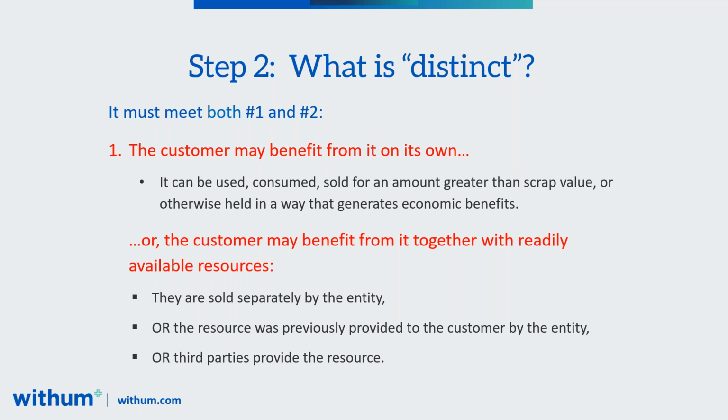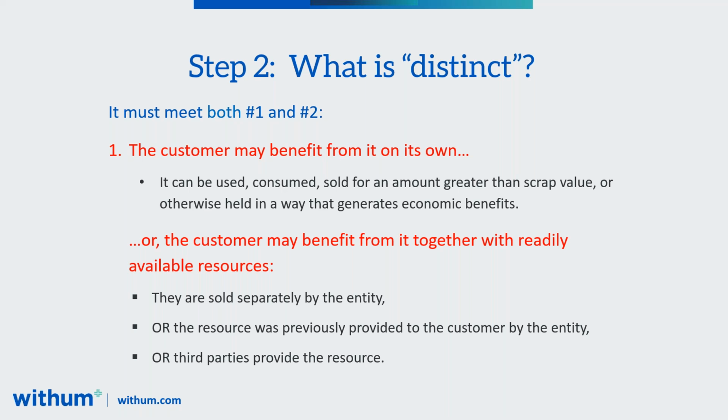And the idea behind this first piece is that the customer may benefit from it on its own. So if you think about a contract that you have, the contract may discuss several different promises that are made to the customer. And again, you're always going to be looking at this from the customer's point of view, right?